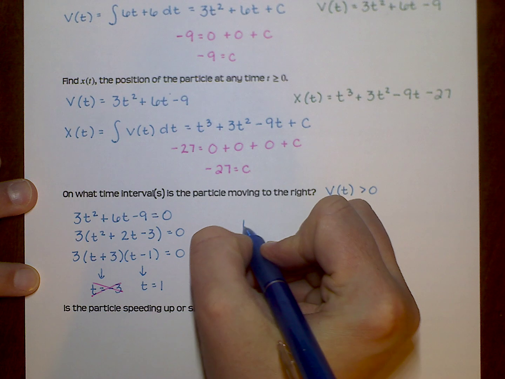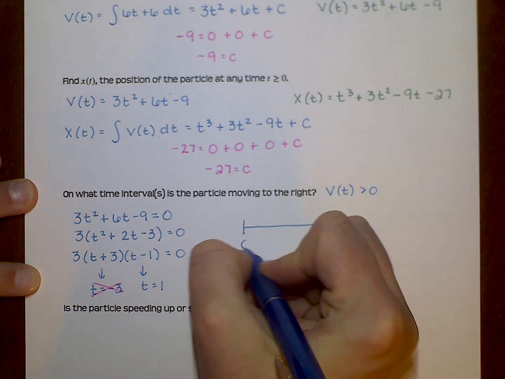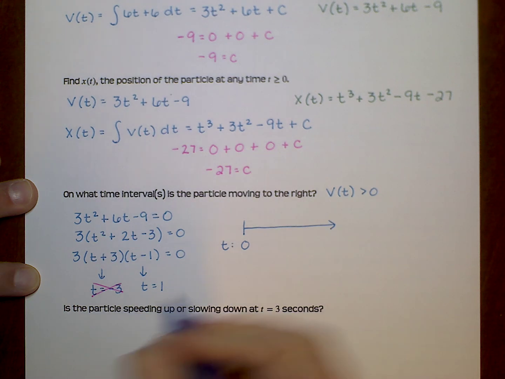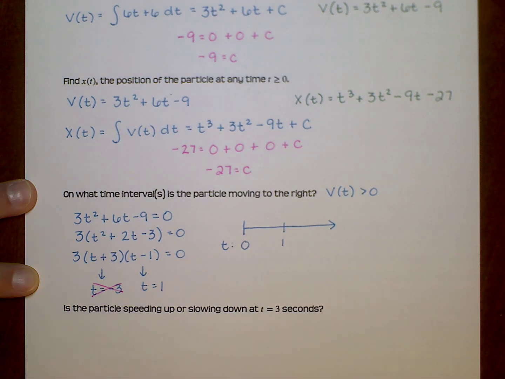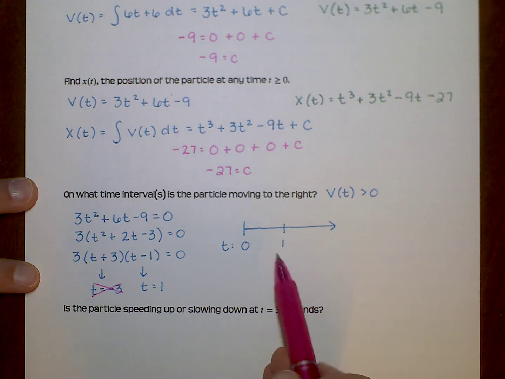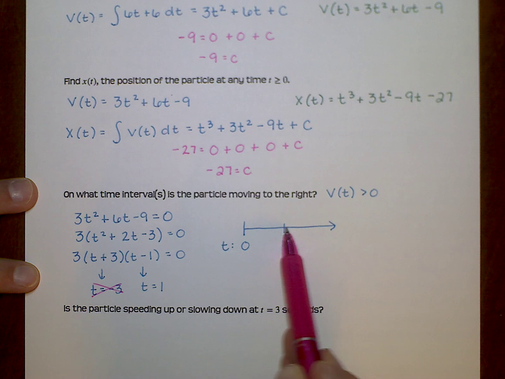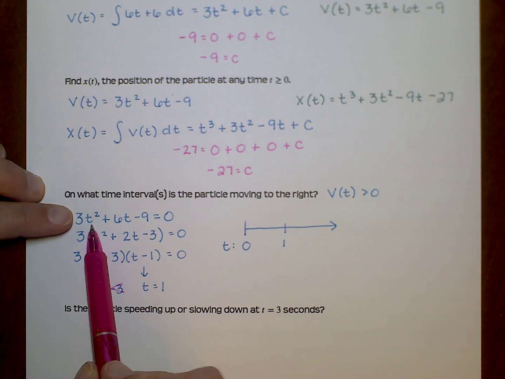So here's my number line, starting at time 0. This is time down here. And then I'm going to put 1 on here. And what I want to know is when is my velocity positive? Is it between 0 and 1 or is it after 1? And here's my velocity function.